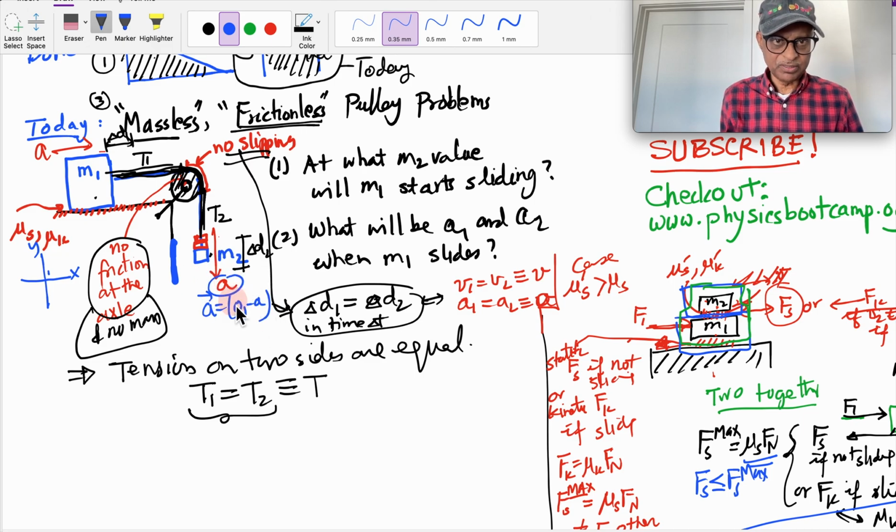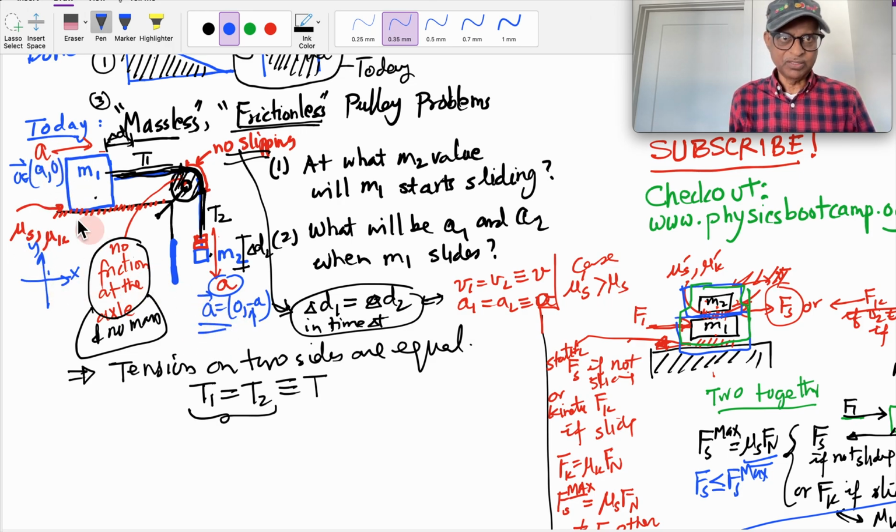I'll keep this guy positive, so put a negative sign over here, and the acceleration vector over here will be a and 0, because this side is positive. So the vector is not the same because the direction is different, but as far as the magnitude is concerned, they're the same.